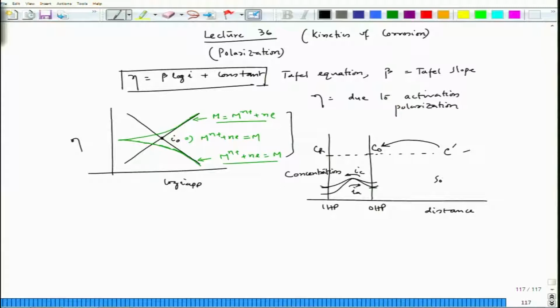So, when there is enough supply of cations to this particular plane, so that concentration is flat in the solution side, this is solution side, then the rate at which this interface jump is taking place will control the overall potential drop or potential increase, or cathodic polarization or anodic polarization, and that would lead to over voltage, either cathodic or anodic over voltage.